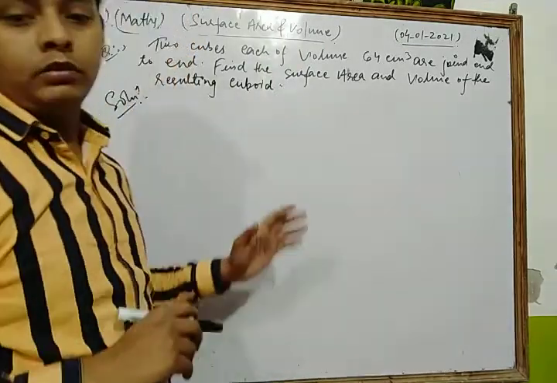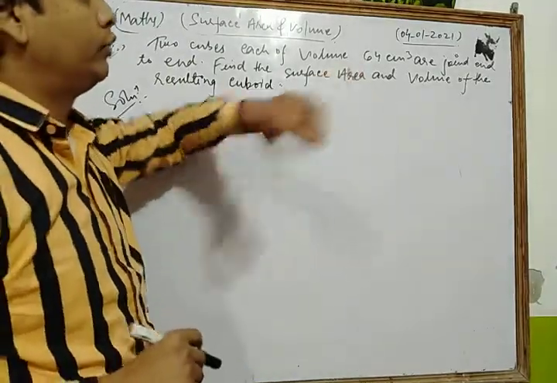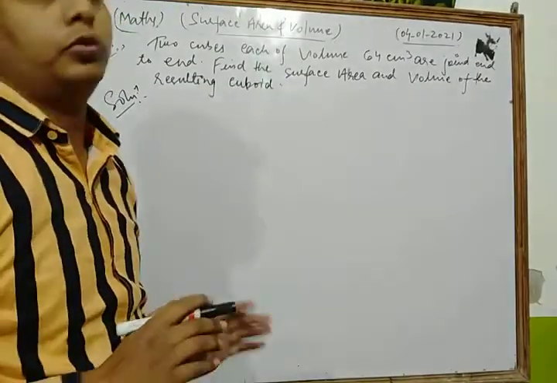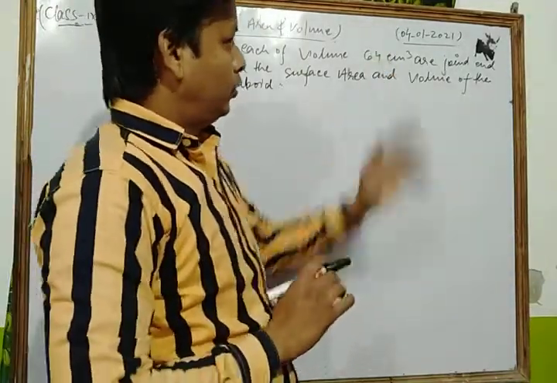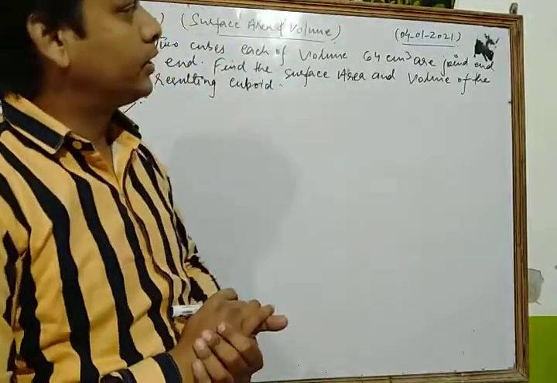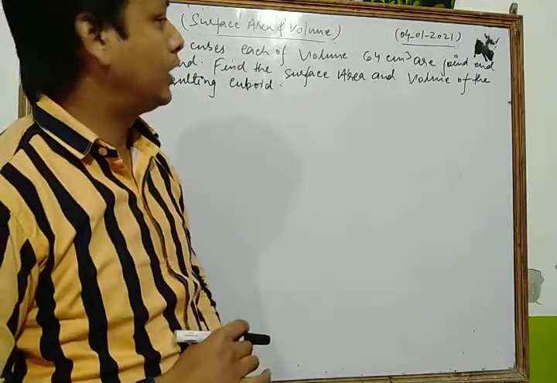This is a very important question of your syllabus. Here two cubes are there, each of volume 64 centimeter cube, joined end to end.